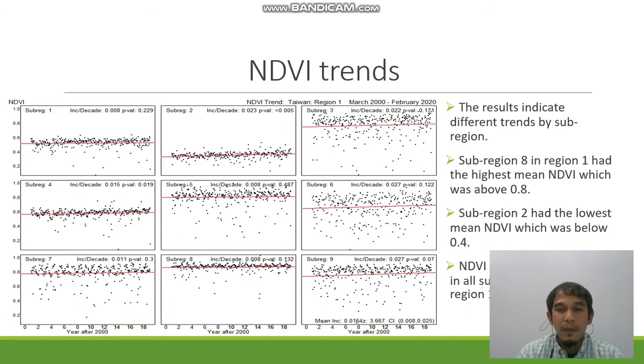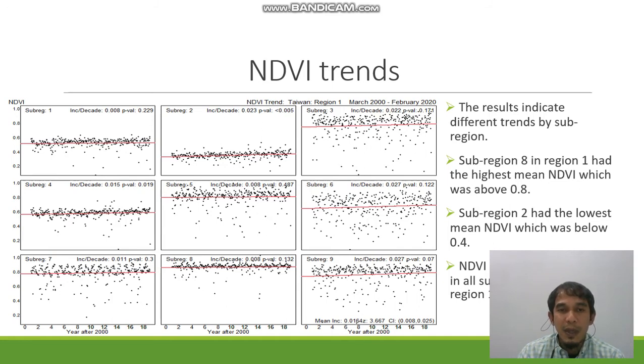On the other hand, subregion 2 had the lowest mean NDVI, which was below 0.4. And the NDVI shows an increasing trend in all subregions except subregions 15, 22, 23, and 27.